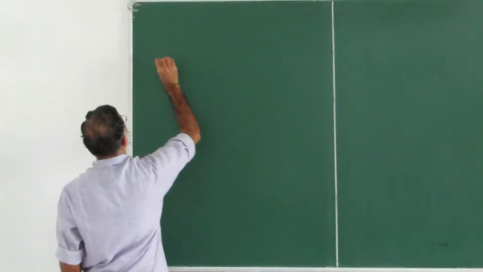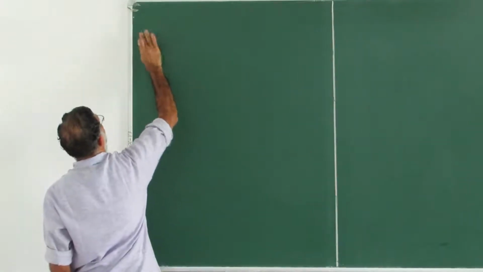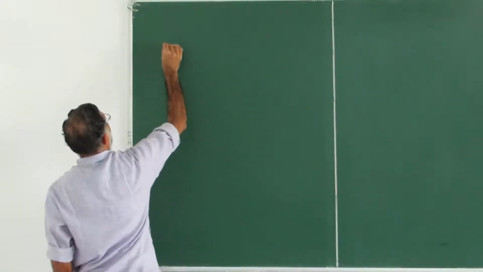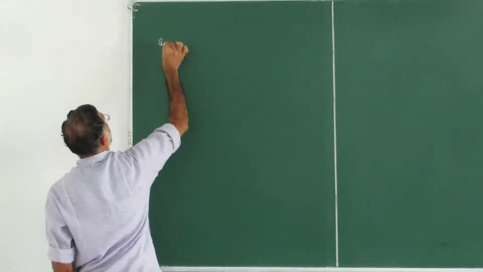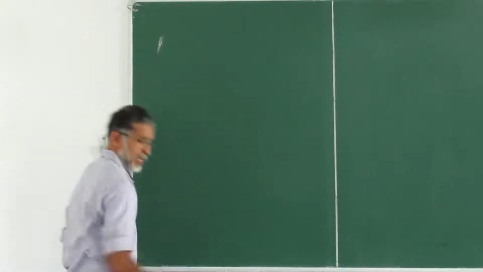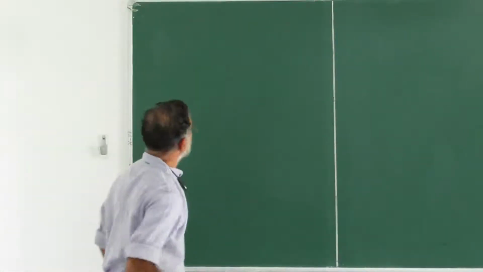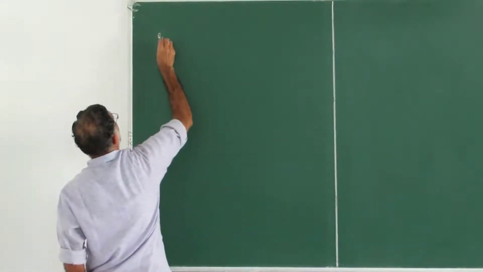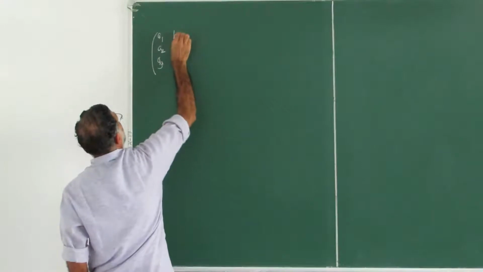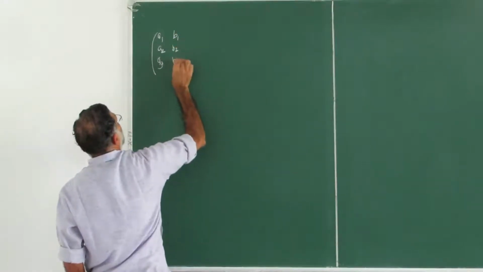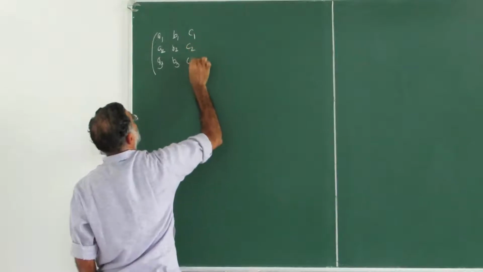This is very interesting for you to understand. Suppose you have three vectors A, B, C, with coordinates A1, A2, A3 and B1, B2, B3. These are three vectors you can assume, or you can even write down.